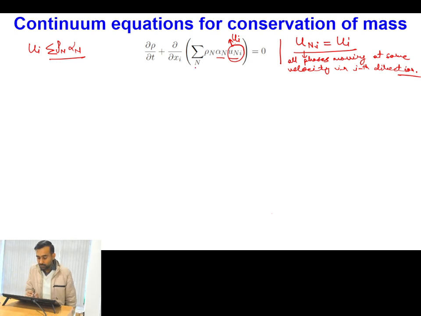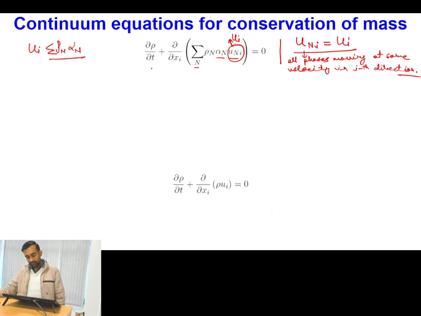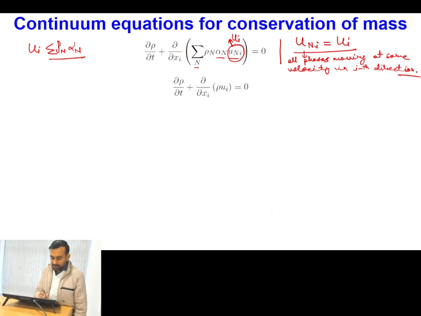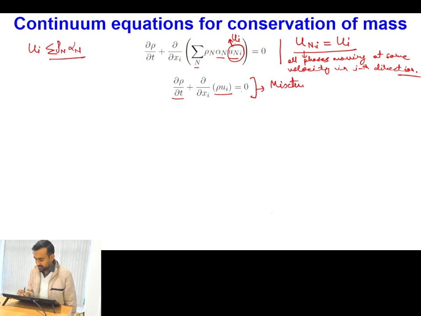Because the summation I am doing is over n, not over i, ui can be taken outside. So this again can be written in terms of rho. I will get del rho by del t plus del by del xi of rho ui is equal to 0. This particular continuity equation is called the mixture continuity equation.